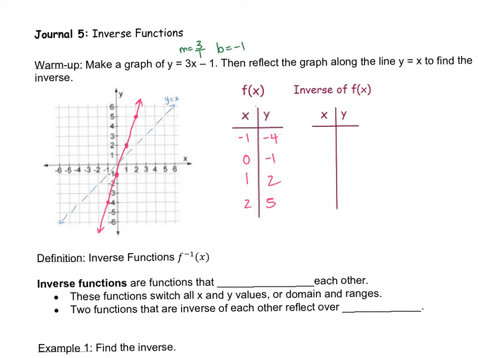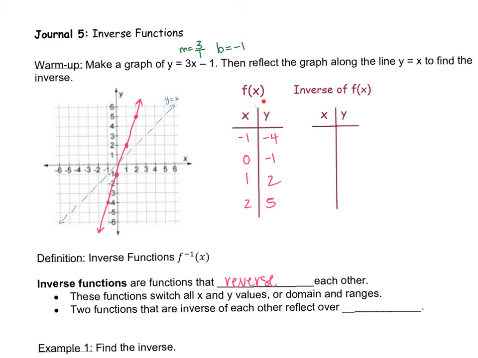Now, going back to finding the inverse, we have not found the inverse yet, and to do it, it's this simple idea. And let's go into the definitions before I find the inverse, so that way you guys can remember some skills that you've learned in Algebra 2. So inverse functions are functions that reverse each other. So what I mean specifically is the function switches all the x and y values.